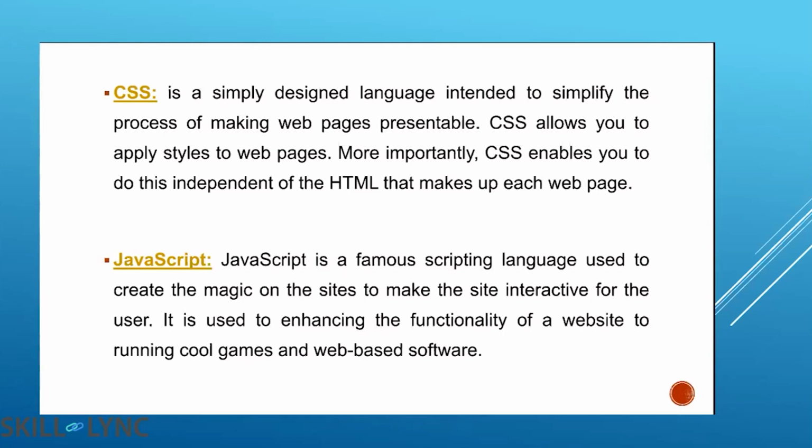So if you want something to happen when you click, you should go for JavaScript. So what is JavaScript? JavaScript is nothing but a scripting language. You might ask me, what is the difference between a scripting and a programming language? Yes, there is a huge difference. Scripting languages are used basically only for websites, for web development.